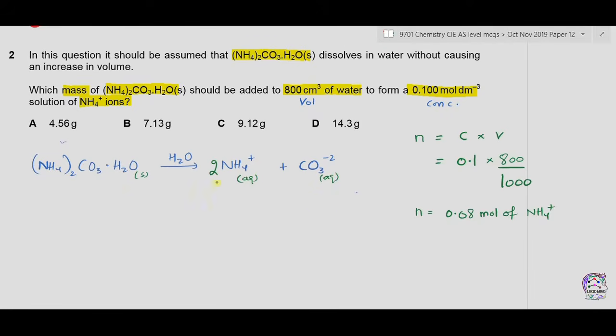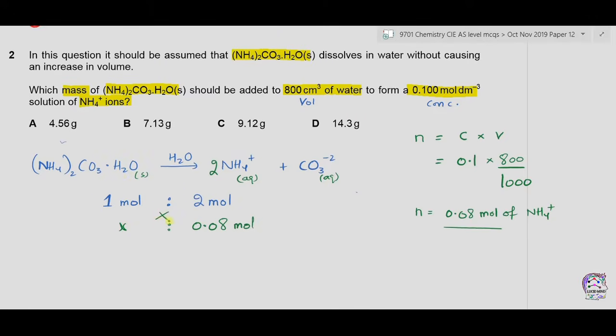So the molar ratio from the balanced equation is 1 mole of ammonium carbonate dot H2O dissolves to form 2 moles of NH4 positive. Now in the question, as we have 0.08 moles of ammonium ions, we can write 0.08 moles of ammonium ions will give X moles of ammonium carbonate.